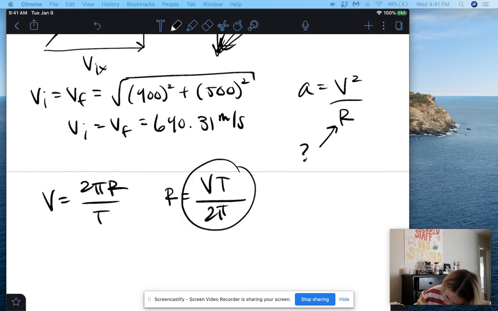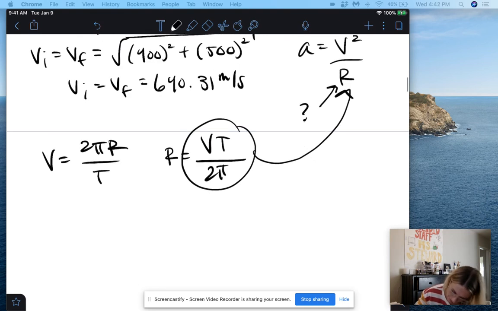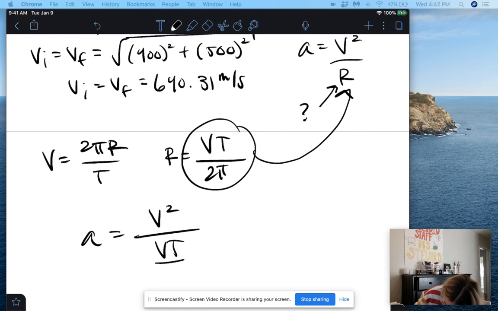I'm then going to take this and plug it in for our radius here. So I get acceleration equals v squared over v times period divided by 2 pi. One velocity cancels out because we have velocity on the denominator, and then that 2 pi, since it's the denominator of a denominator, flips up to the numerator.